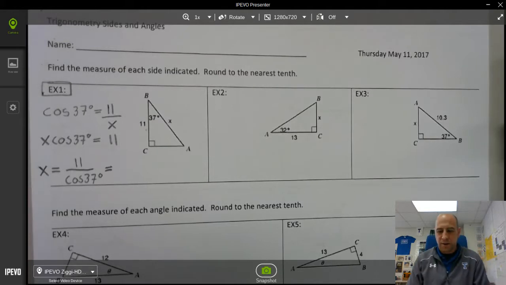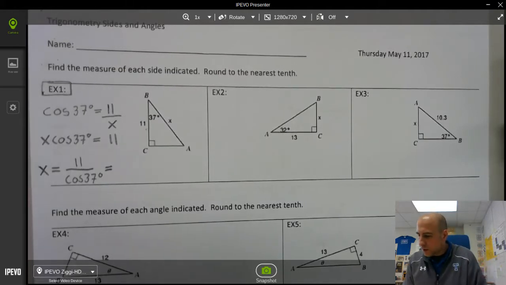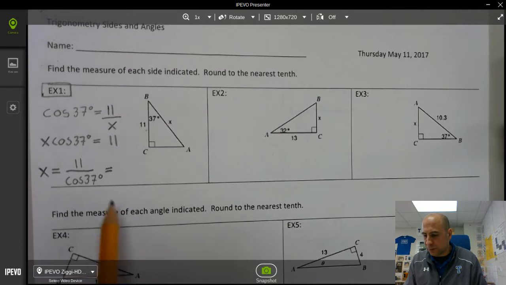Let's go ahead and put that in the calculator. Now you can't see my calculator, but I assume if you're watching a video that you can use Desmos or whatever kind of calculator you have with you. If not, you can just wait until you get to class and put this in.